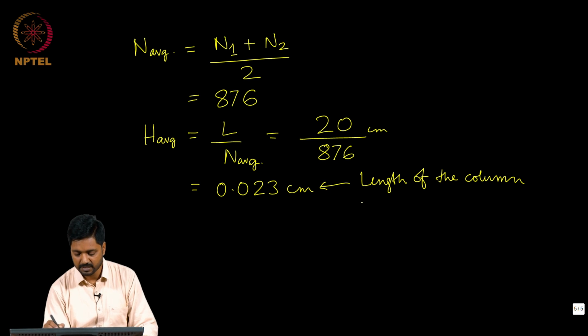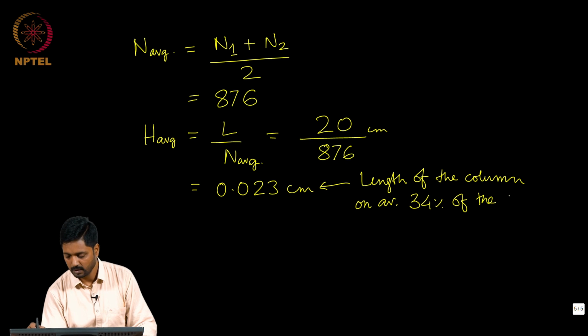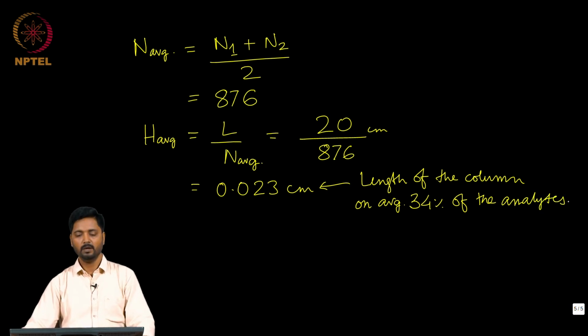So, in other words, this is the length of the column that contains on average 34% of the analyte. Okay.